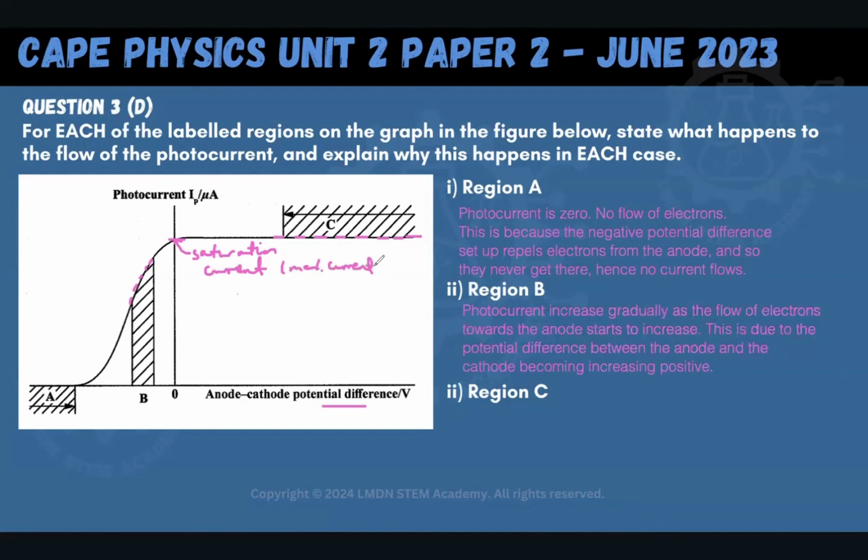Here's how we would say that in region C. In region C, we can say that the photocurrent, which is maximum, is known as the saturation current.